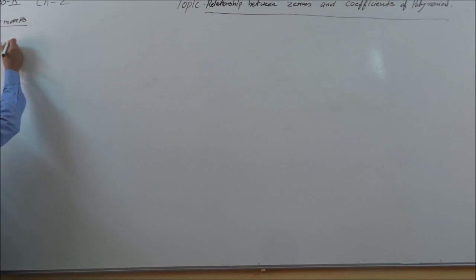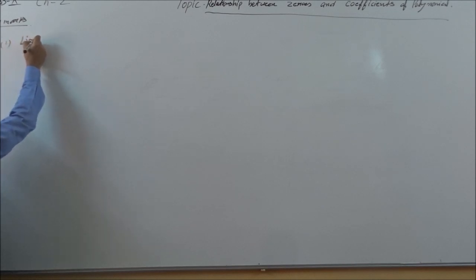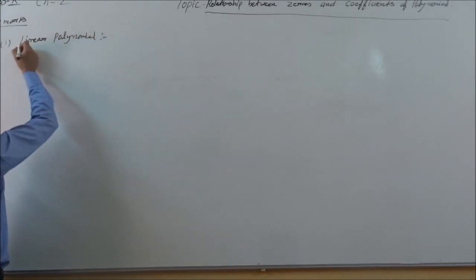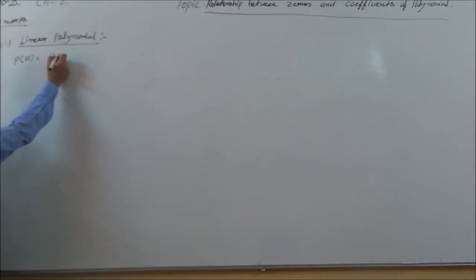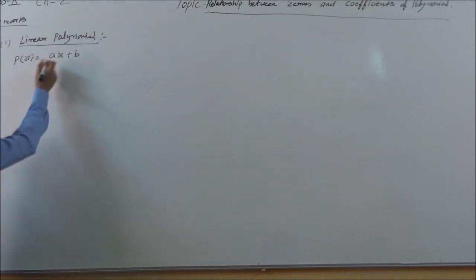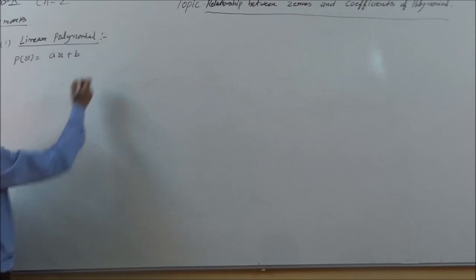First of all, we will discuss the linear polynomial. We start from the standard form. p(x) equals ax plus b. Here you can see the coefficient of x is a and the constant term is b.